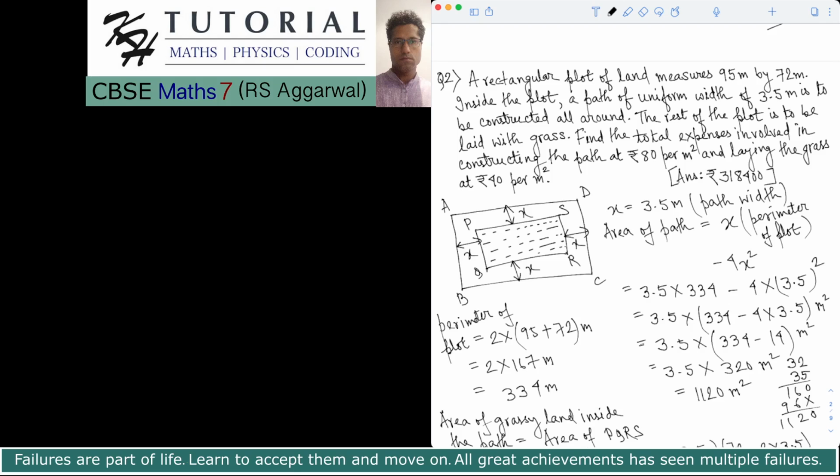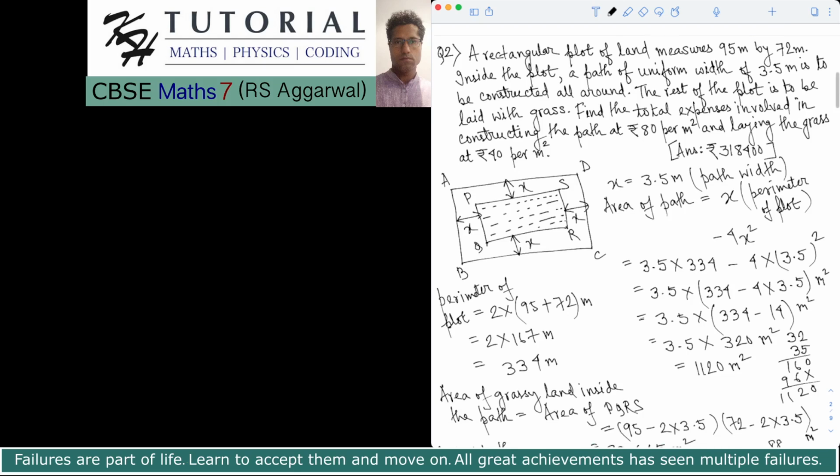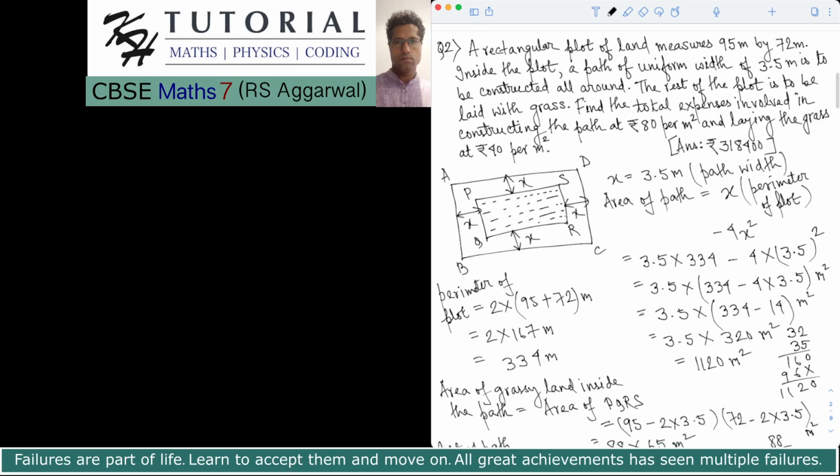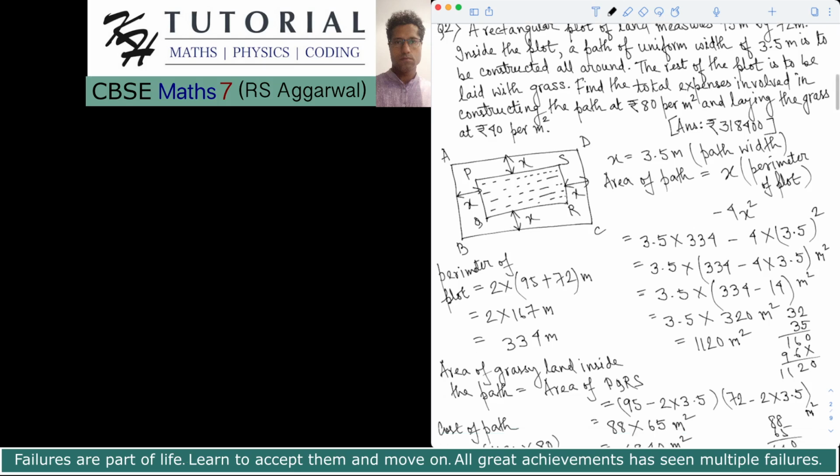Taking 3.5 common, it becomes 3.5 multiplied by (334 minus 4 into 3.5). 4 into 3.5 is 14, and 334 minus 14 is 320.